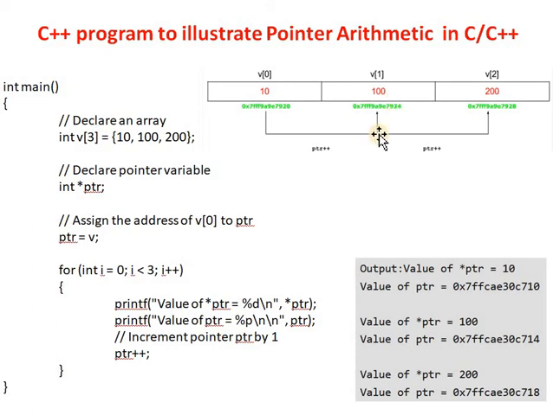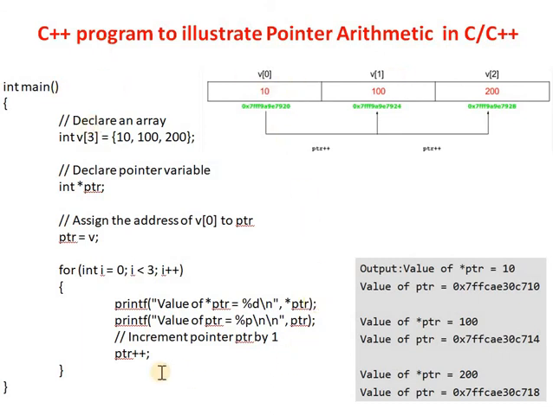Then again, when we apply PTR plus plus, it points to the next appropriate storage class. This is the general rule in C++ for pointer arithmetic: the pointer performs the operation in bytes of the appropriate storage class. This is represented in this figure.